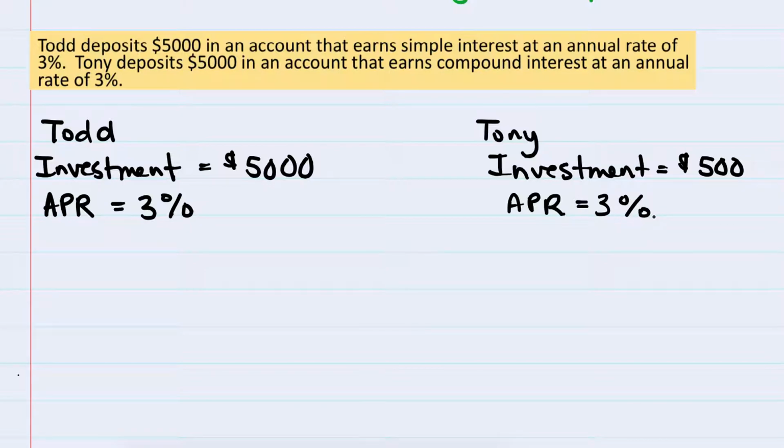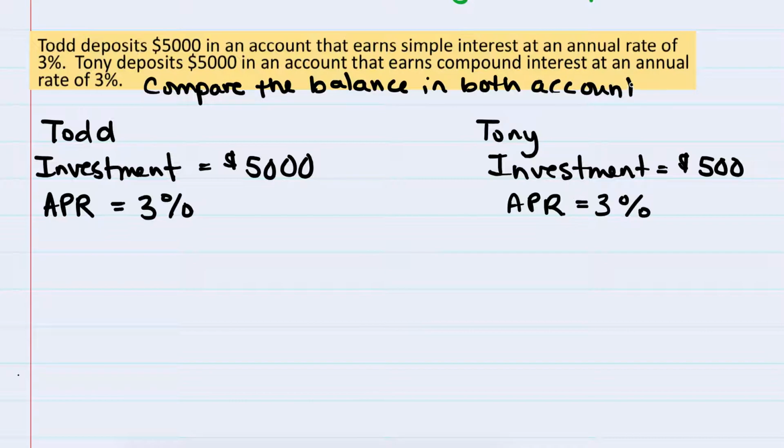What I want to do is I want to compare, now this isn't written here, but I want to compare the balance in both accounts. Let's say after 1, 2, and 3 years.